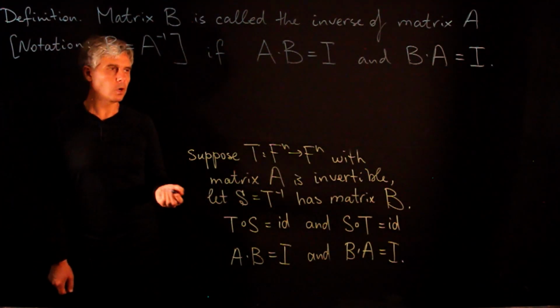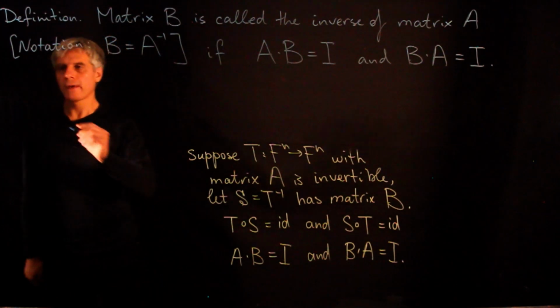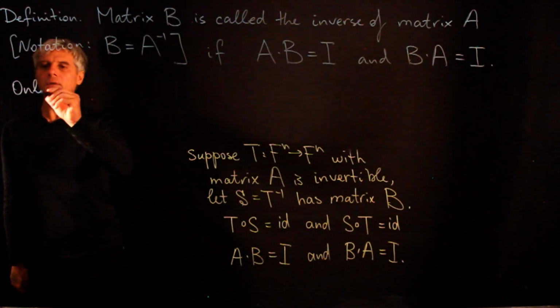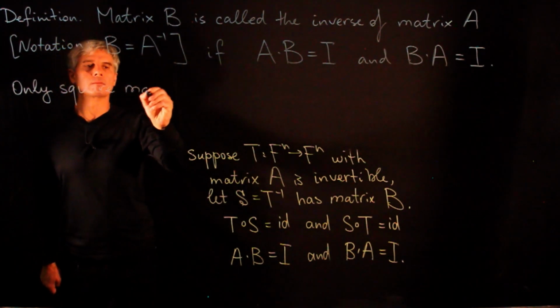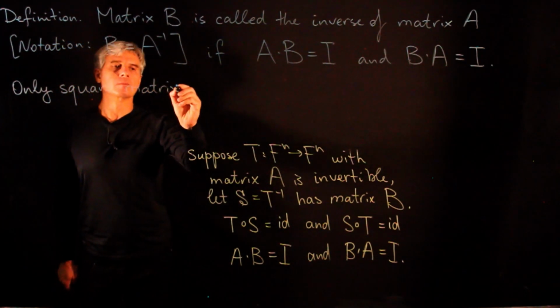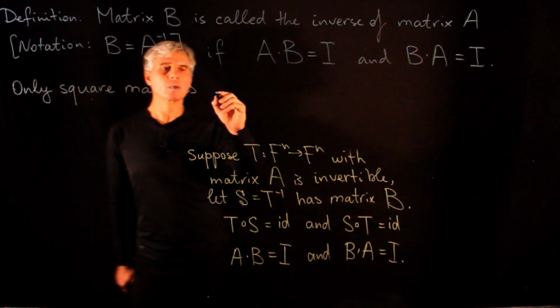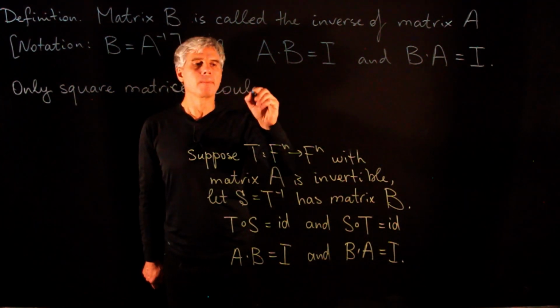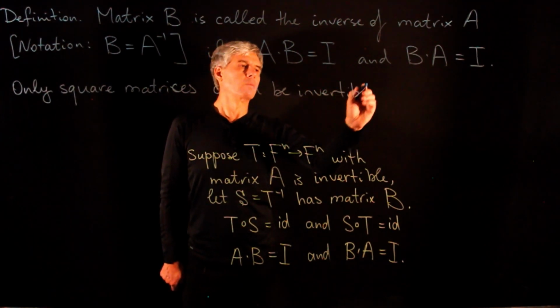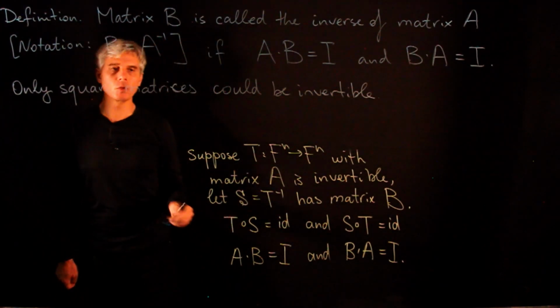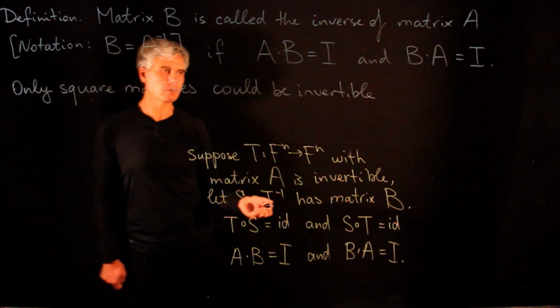So from what we saw before, only square matrices could be invertible. So this means that non-square matrices never have an inverse.